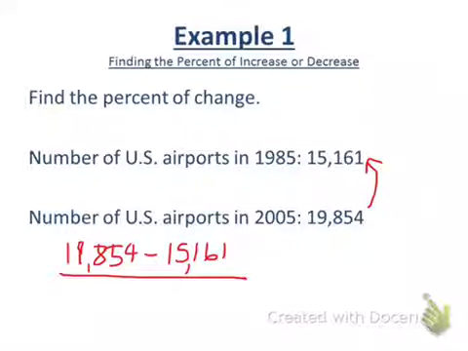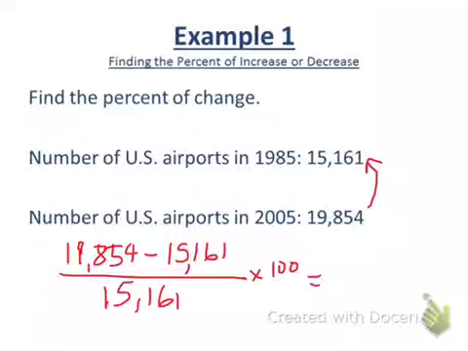So which one's the original amount? The number of U.S. airports in 1985, which is 15,161. Then we've got the amount of change, and we have to multiply it by 100 to get it into percent form.